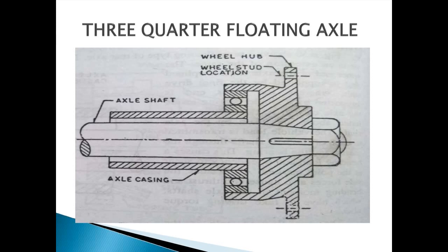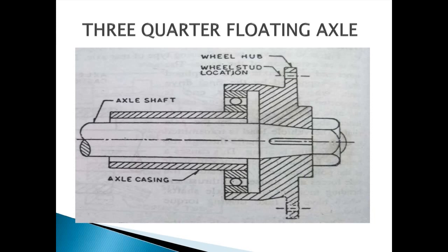The three-quarter floating axle looks like this in schematic representation or cross-sectional view. This is a compromise between the more robust fully floating type and the semi-floating type. In this type, the bearing is located between the axle casing and the hub instead of between the axle casing and the shaft, as in the case of the semi-floating type.